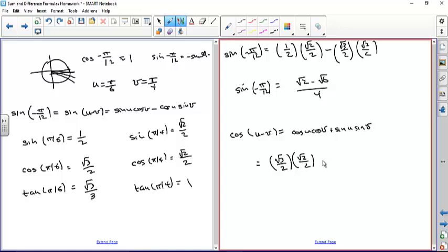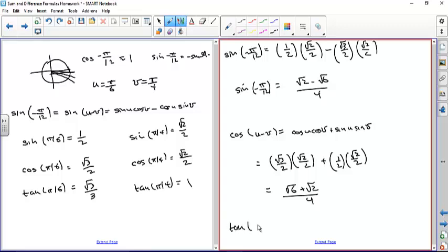And then we add the sine of u, which is 1/2, times the sine of v, which is the square root of 2 over 2. So we get the square root of 6 plus the square root of 2 all over 4. And if you add the square root of 6 plus the square root of 2, it's going to be a little bit less than 4. And it's positive, which is what we expected.